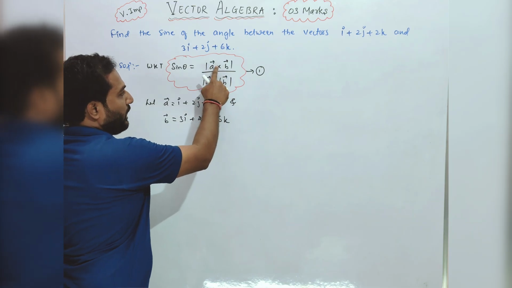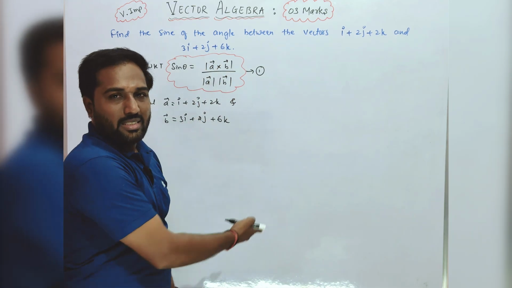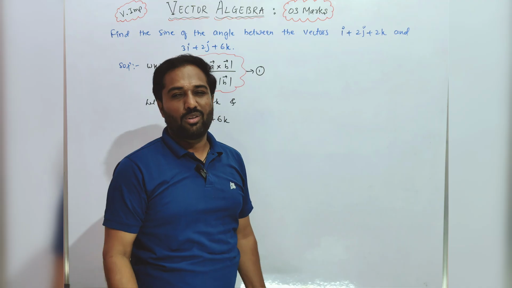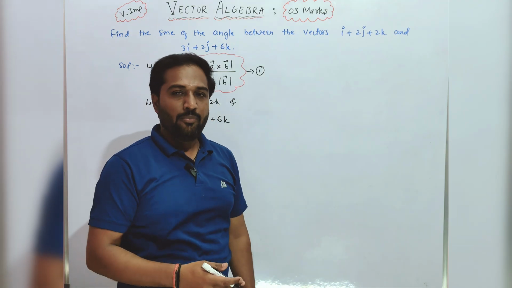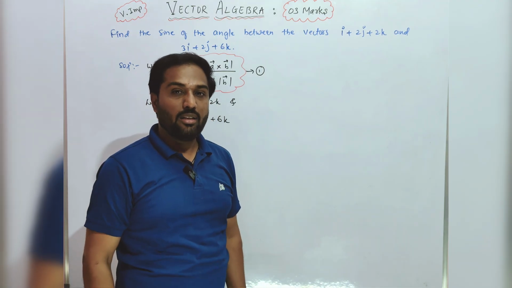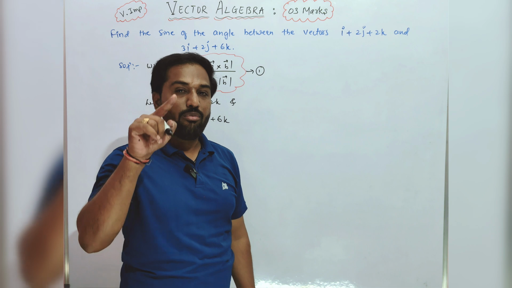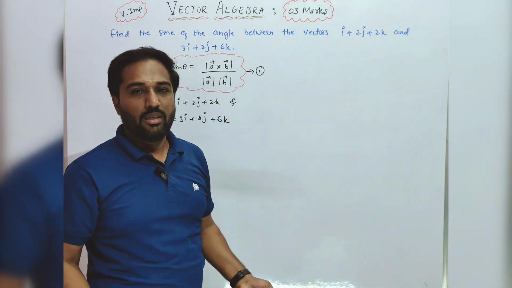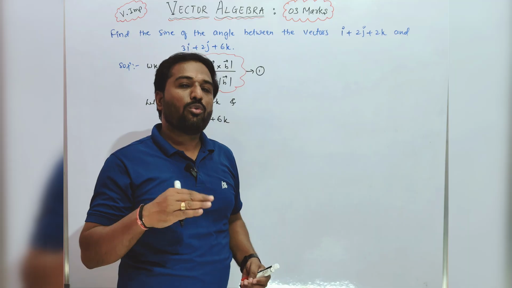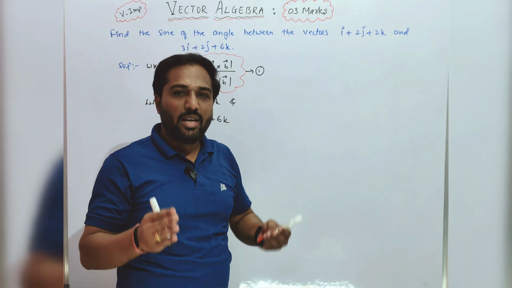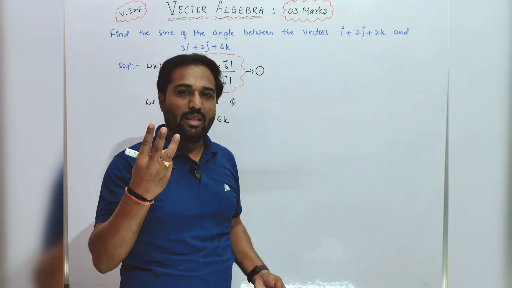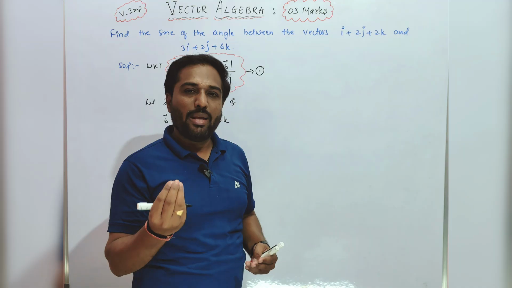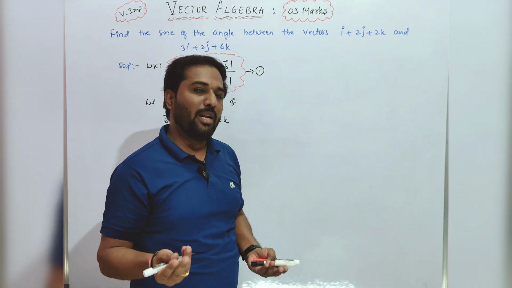First find A cross B and its modulus. We just found A cross B and its modulus same way. There is no change. In finding the area of triangle, the formula was half of modulus of A cross B. Here also modulus of A cross B. So if you remember how to find A cross B, A dot B and its modulus, that's it. Only three major operations. Along with that, the basics are addition and subtraction, isn't it?